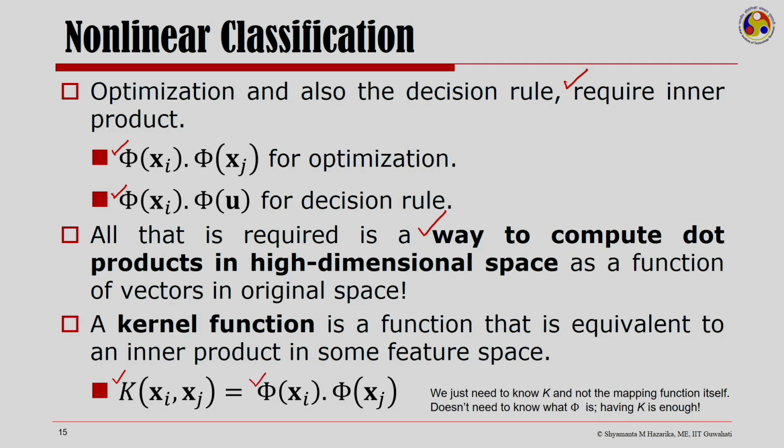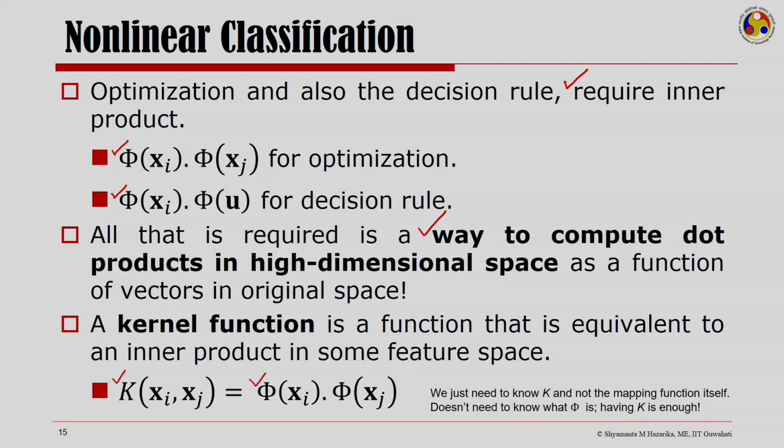In that case, we just need to know k, and we need not bother about the mapping function itself. So, we do not need to know what phi is given k, and this is what the kernel trick is. You are given the kernel, and once you are given the kernel, it means that you are given the inner product in that feature space.